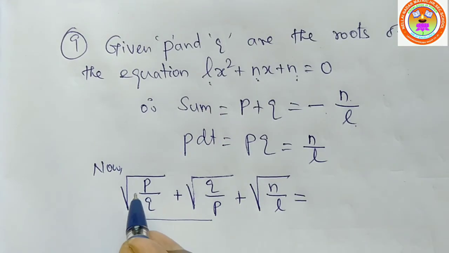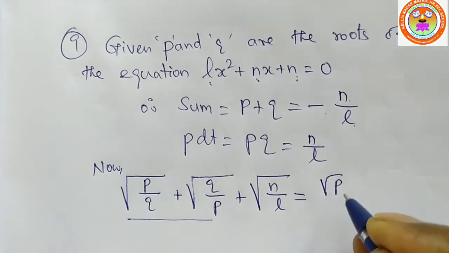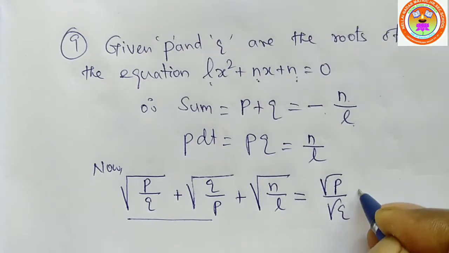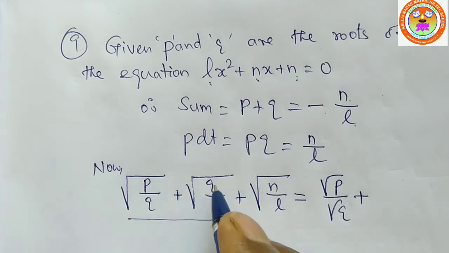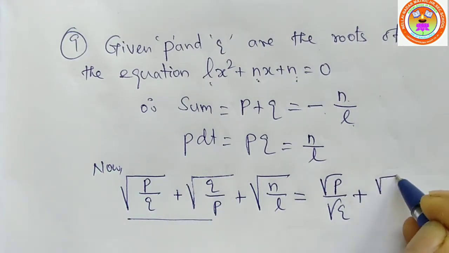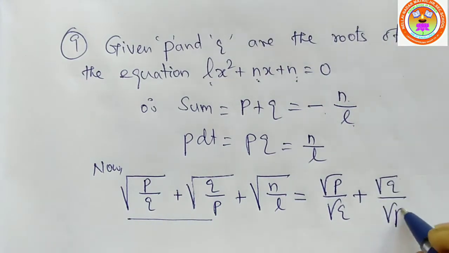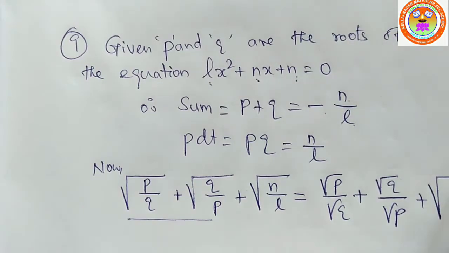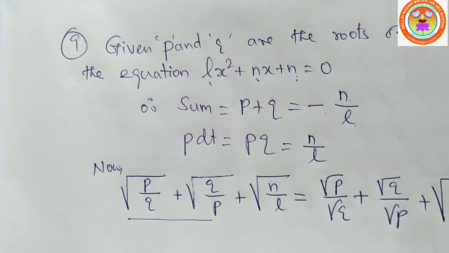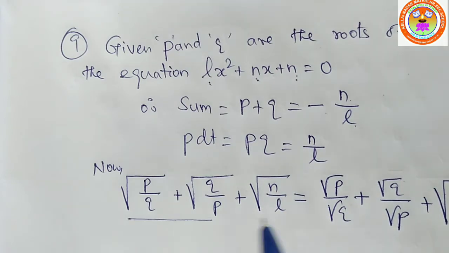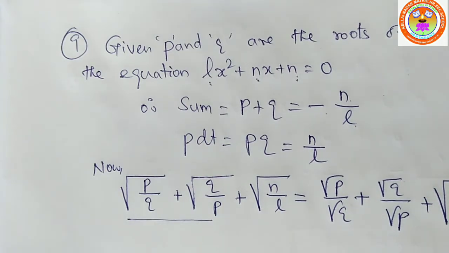Okay, so root of P by Q can be written as root P by root Q, plus root of Q by P can be written as root Q by root P, plus square root of N by L. We are not doing anything with this root of N by L. We are simplifying only the first 2 terms.